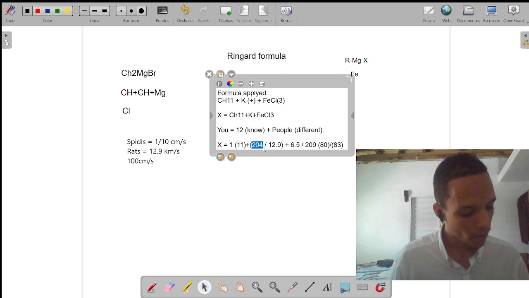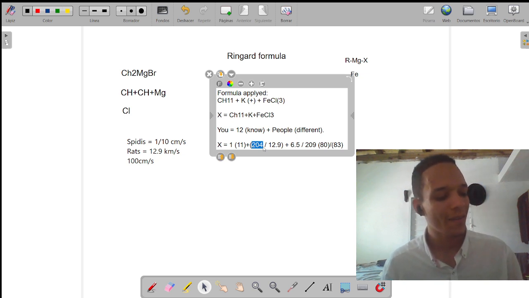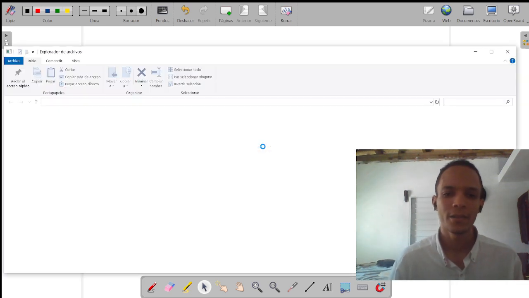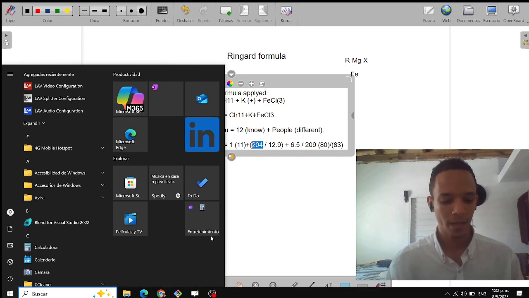It represents the force of the gravity divided by 10, which is 6,664 divided by 10. We can even do it. Let's see, just to test it, because I don't like to say things just by saying them.